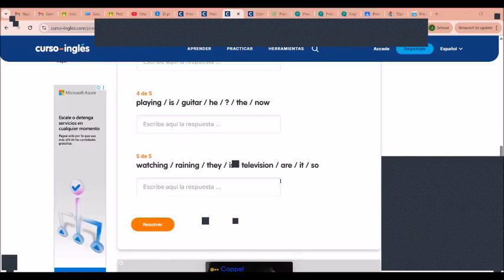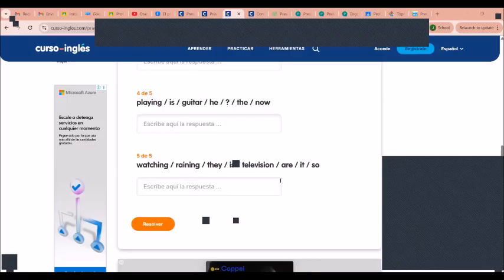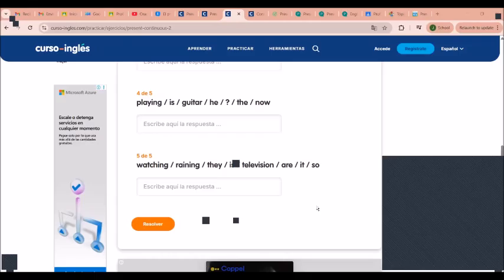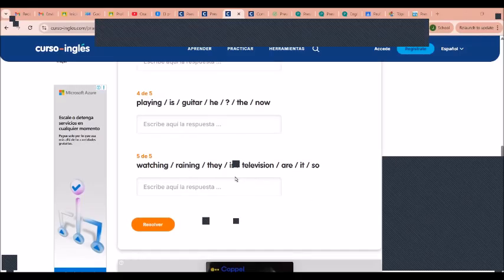All right, let's continue with Josue, number 5. Hello, teacher. They are watching television, so it is raining. All right, actually, the other way around. It is raining. This is the truth. So they are watching television. One leads to the other. All right, practice with me. It is raining.